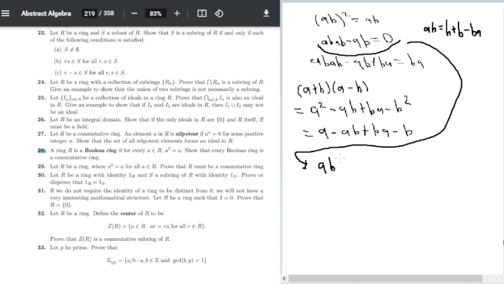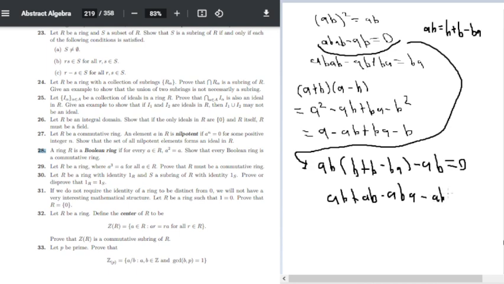We can probably do AB, B plus B minus BA minus AB is equal to 0, which gets us that AB plus AB plus AB minus ABA minus AB is equal to 0.